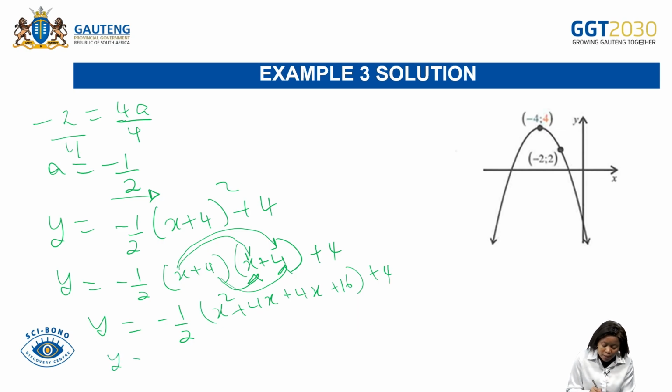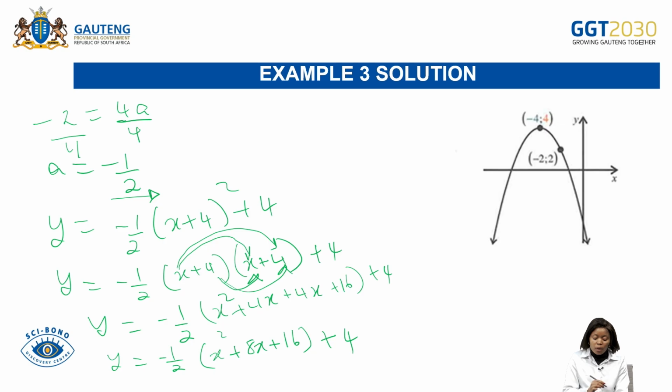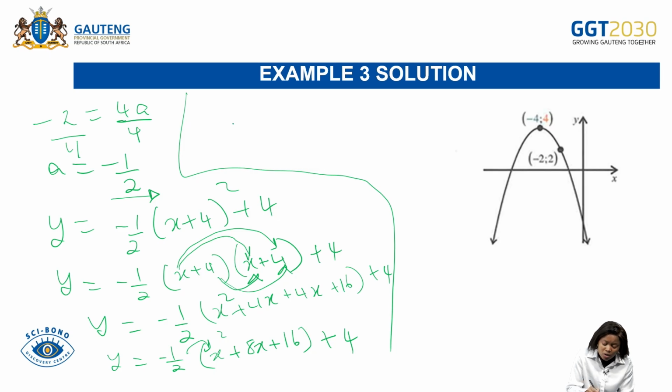So y equals -1 over 2 into x squared plus 8x plus 16, plus the 4. You still have the negative 1 over 2, which is multiplying everything that is inside the bracket, right? So you'll have negative 1 over 2 times x squared. Then negative 1 over 2 also multiplies the 8x, which is going to be minus 4x.